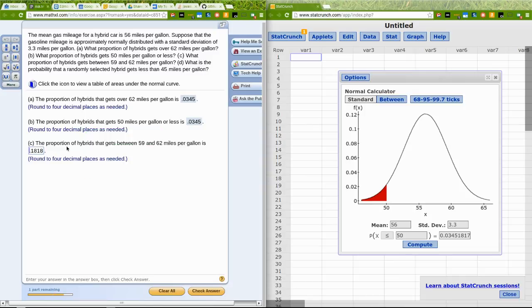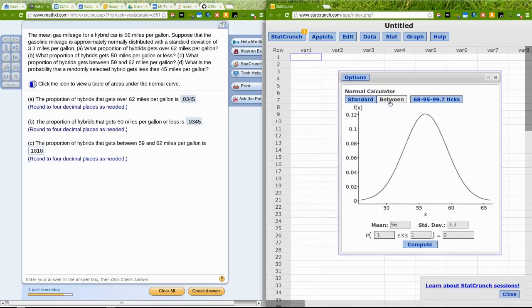The cool thing about this calculator is now we've got a different question: the proportion of hybrids that get between 59 and 62 miles per gallon. Both of those are above the mean, so we're talking about this area in here. We can use this calculator to do it. We have to switch tabs though, from standard to between. You see the mean and the standard deviation are kept the same.